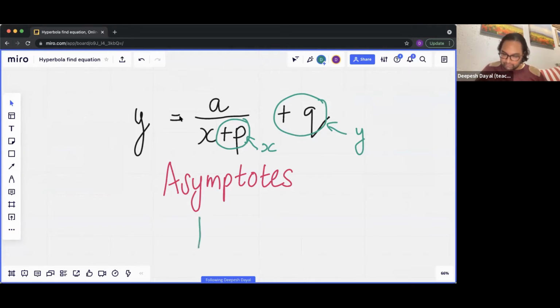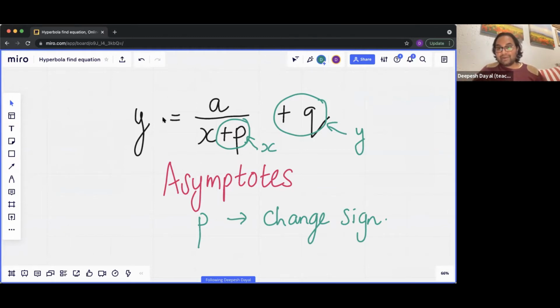So p, change sign. So we change the sign when we are finding the asymptotes, right? So that was something that we discussed at length on Tuesday. Thanks, Gabetsui.